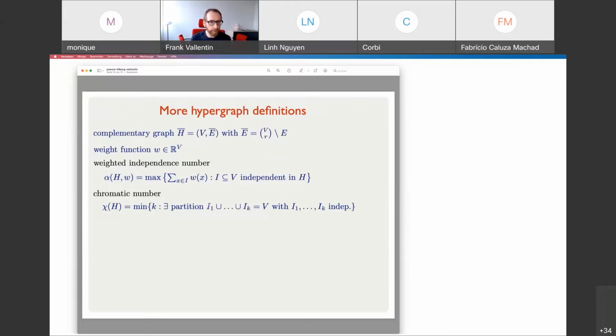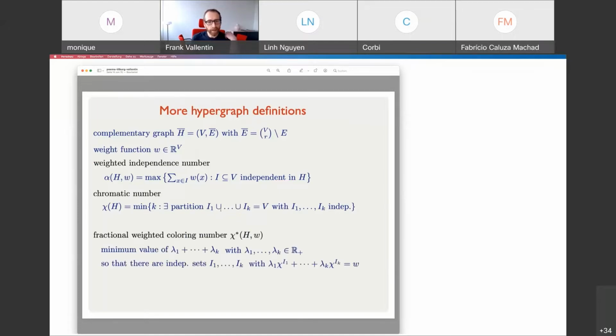Another definition, also like in the graph case, is the chromatic number. The chromatic number of the hypergraph is the minimal k so that there is a partition of the vertex set into k independent subsets. Exactly the same definition as for graphs.